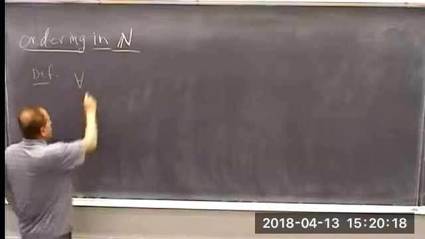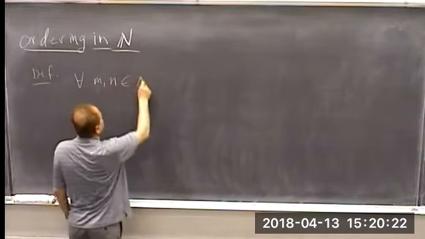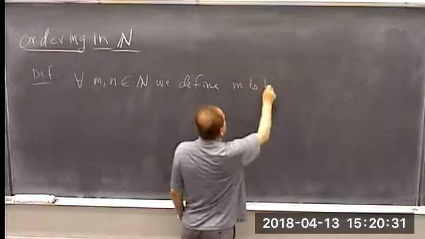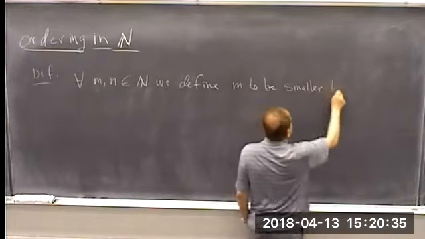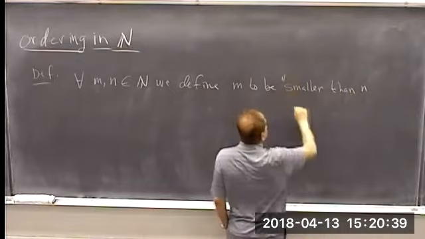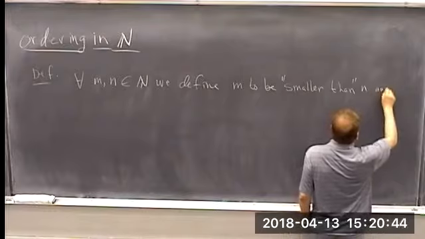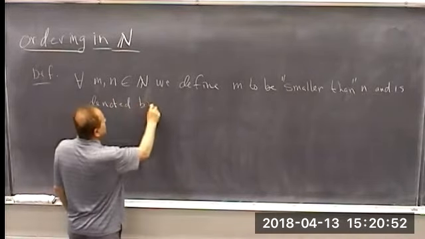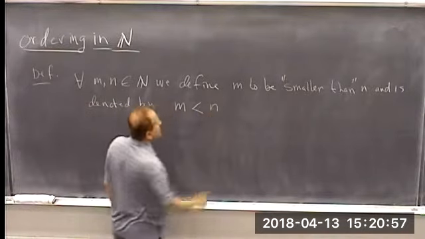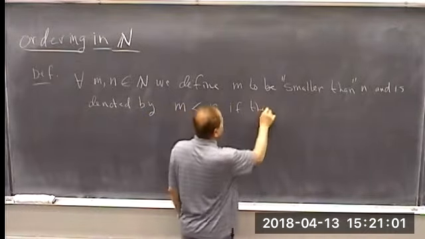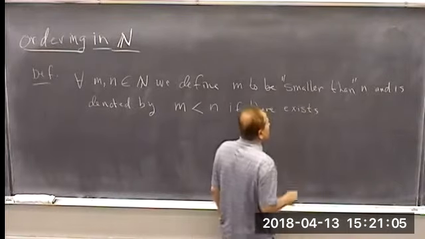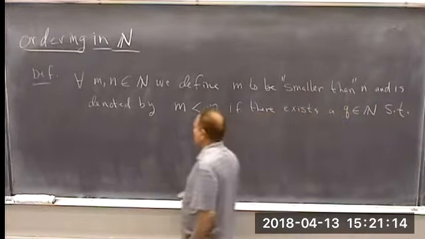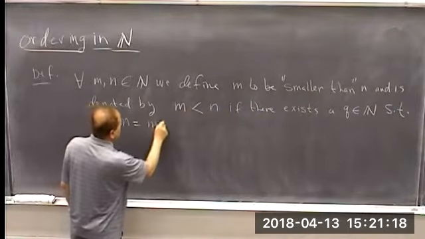For every m and n natural number, we define m to be smaller than n, and is denoted by this, if there exists a natural number q in N such that n is equal to m plus q.